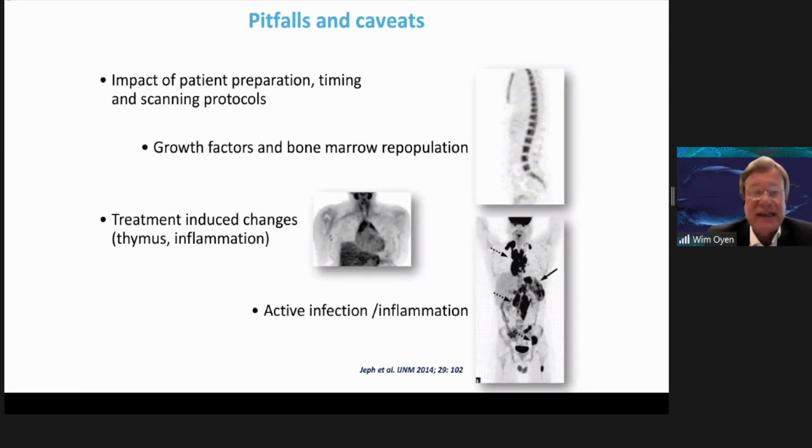Pitfalls and caveats, there are many. There is obviously an impact of patient preparation, timing, and scanning protocols.